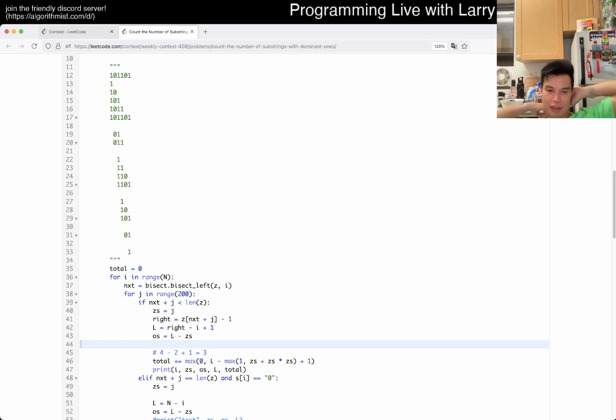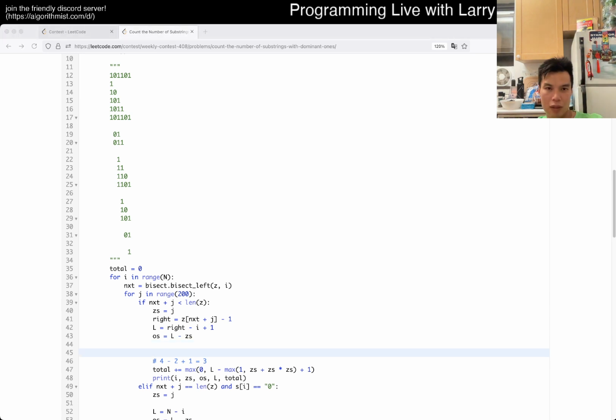Because there's just so many edge cases. Okay. So basically here we only have 2 degrees of freedom at most. And we have to expect that.